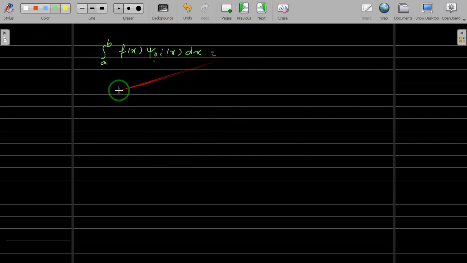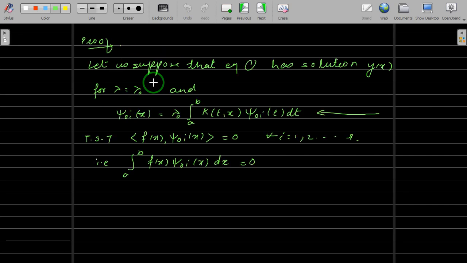So what you will have, let me write down, it is a bigger expression, equals integral a to b f(x), and then you can put for ψ0 or you can put for f also. Ultimately your aim is to show that this integral is 0. Alright, so what we can do is, it feels better to put for f.